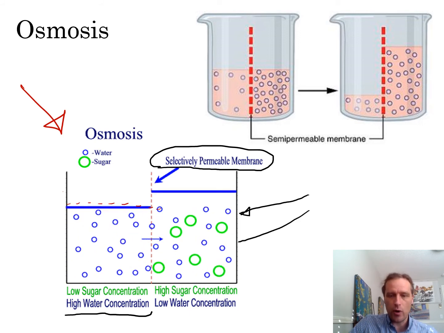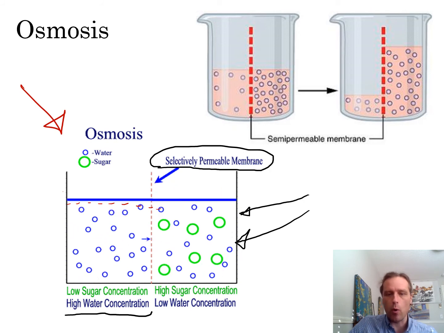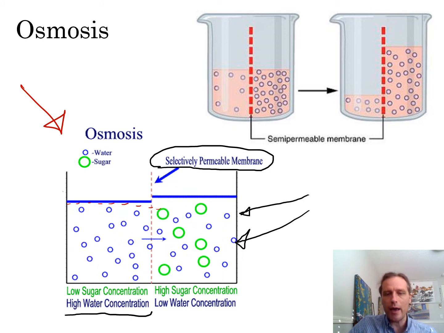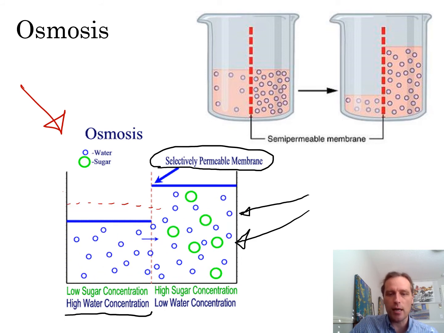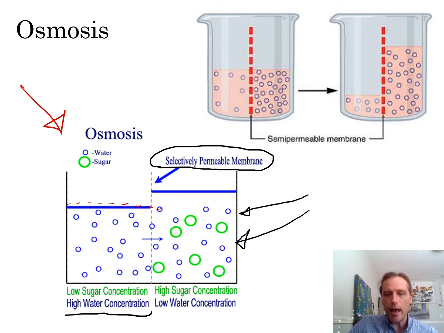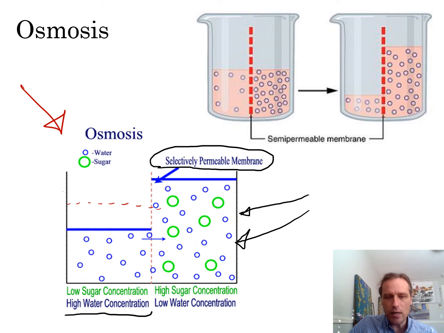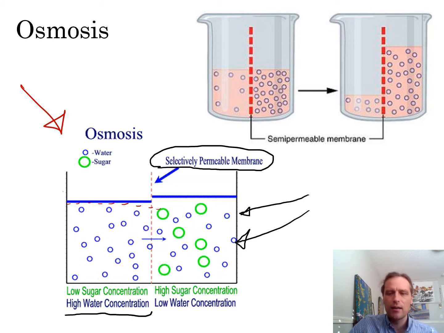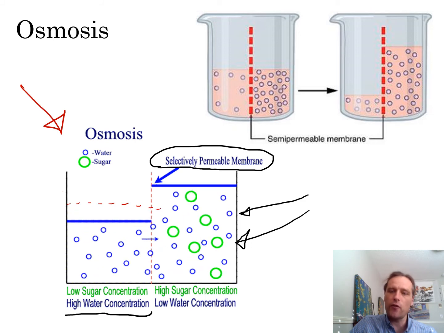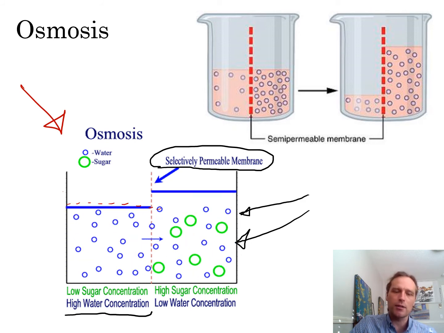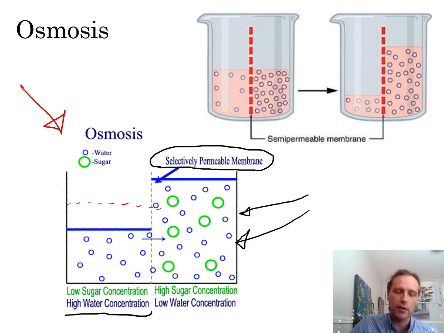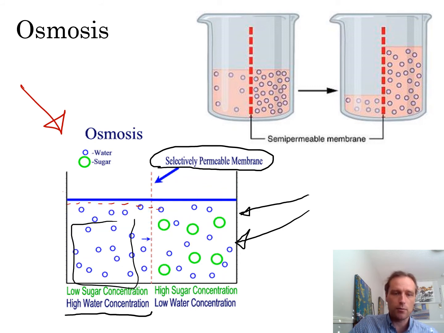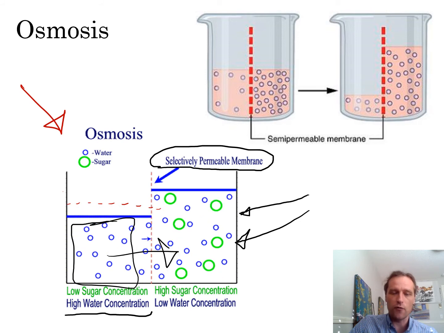If the right-hand side here was once pure water, as soon as you add sugar, the green circles, it's not 100% water anymore. And so some of these water molecules are going to get kind of involved. You could say, for the sake of explaining, that they fall in love with the sugar molecules and are simply unwilling to move to the left. So all these water molecules on the left, there's more of them, and they move to the right, diffusing down their concentration gradient.